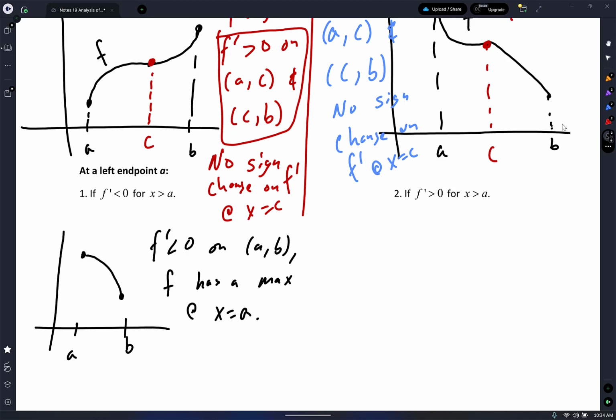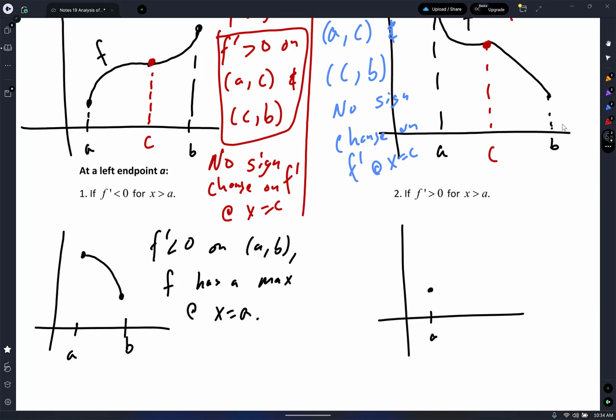Look at number 2. So I have a grid, and as soon as I start at point A, my derivative is always positive. So that means f is increasing. If you start going uphill immediately, then wherever you started has to be a min. It has to. So here's another one.